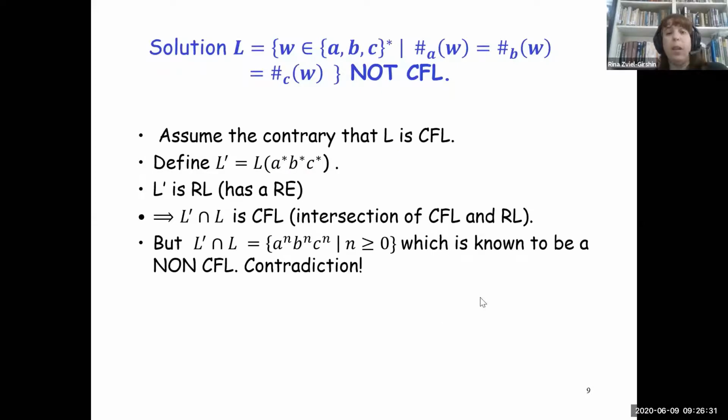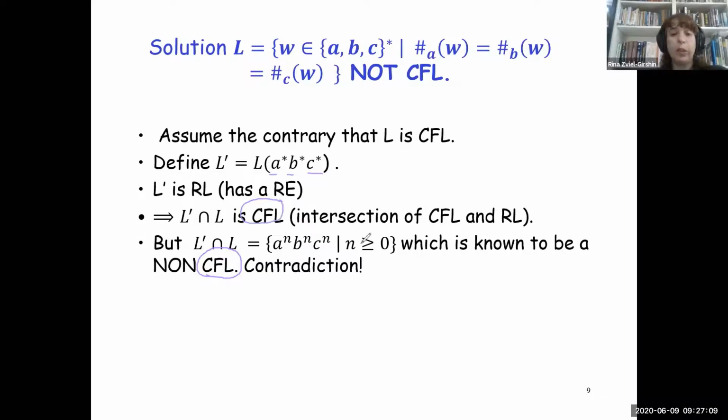Okay, let's see what we have as a result. Now I have the structure where the number of A's equals the number of B's and equals the number of C's, and the A's are at the prefix, B's are in the middle, and C's are in the suffix. So the resulting language is a^n b^n c^n, which we know is not a context-free language, but it should be a context-free language.